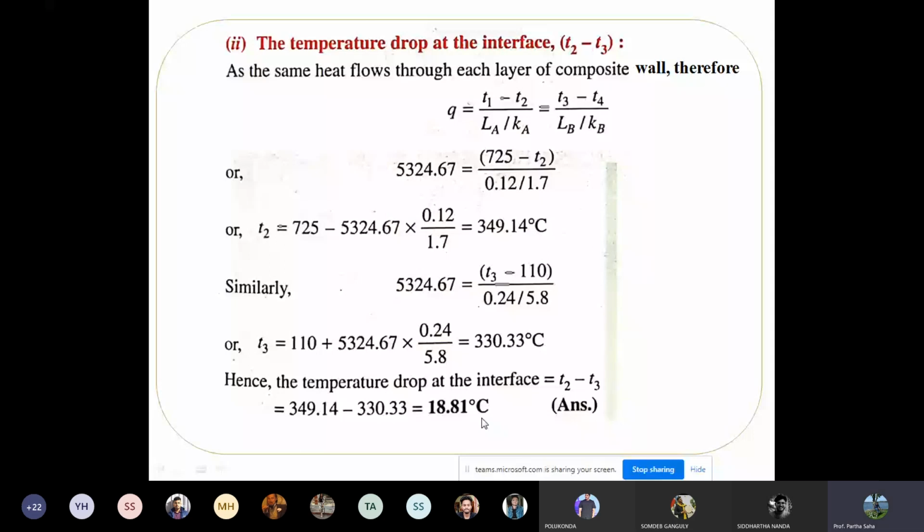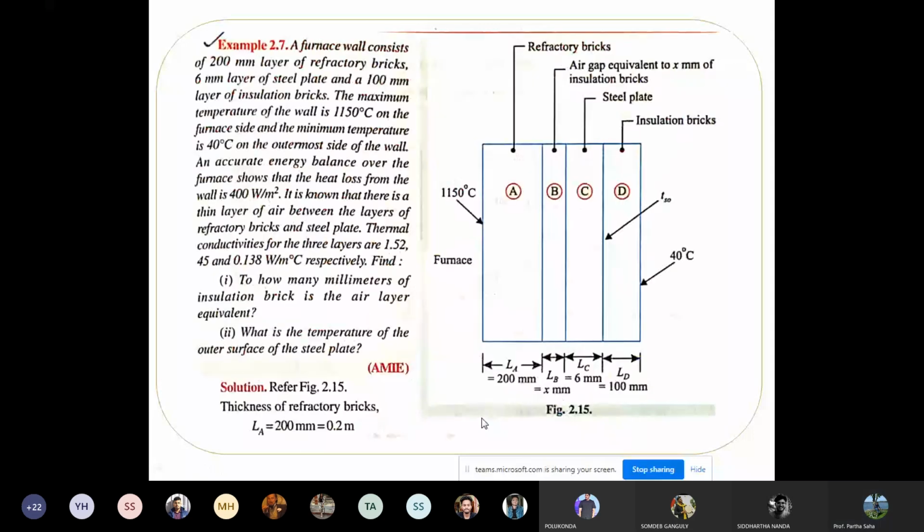Let us look into another problem. A furnace wall consists of a 200 millimeter layer of refractory bricks, a 6 millimeter layer of steel plate, and a 100 millimeter layer of insulation bricks. Okay. The maximum temperature at the wall is 1150 C on the furnace side, and the minimum temperature is 40 C on the outermost side of the wall.